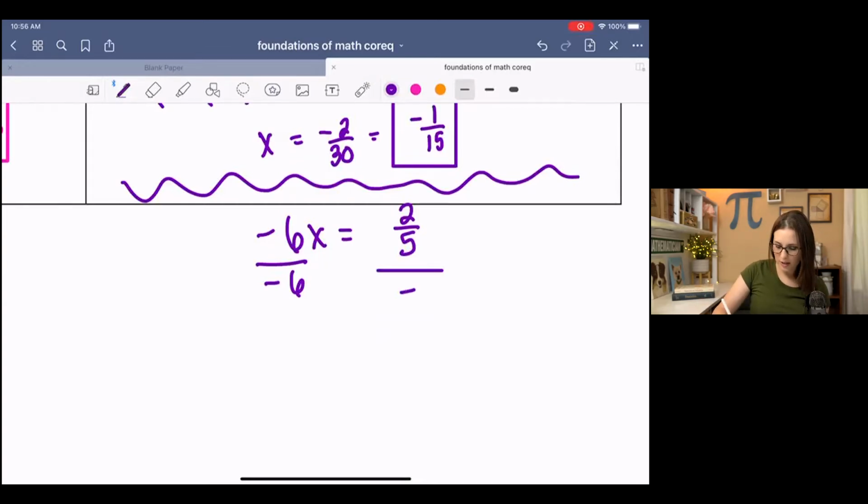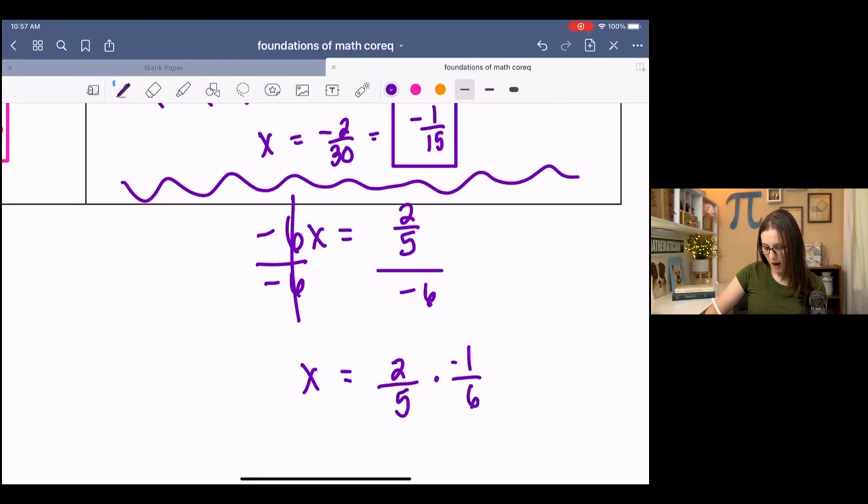And the reason why I didn't do that is because sometimes this looks kind of like, oh, what is that? You know, so it's kind of messy, but it does work that way. These divide to 1. And then when you divide by a fraction, you flip the second and multiply. Anyway, it's a little bit more to remember that way, but if you want to do it that way, that's totally fine.